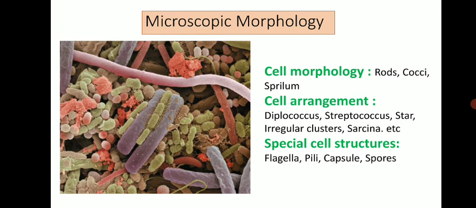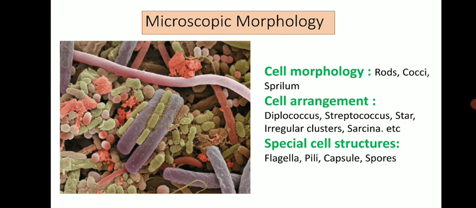So after examining through the microscope, we get a morphological idea about the cell, that means which type of cell it is. Then we get a clue regarding cell arrangement, because most of the microorganisms arrange in diplococcus, streptococcus, then staphylococcus, irregular clusters, and sarcina, etc. There are various types of cell arrangement we have already discussed in the previous lecture.